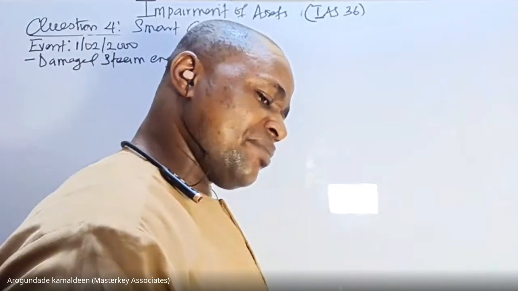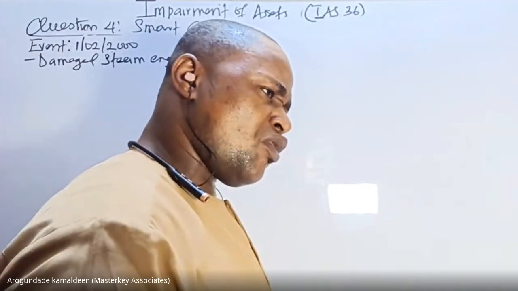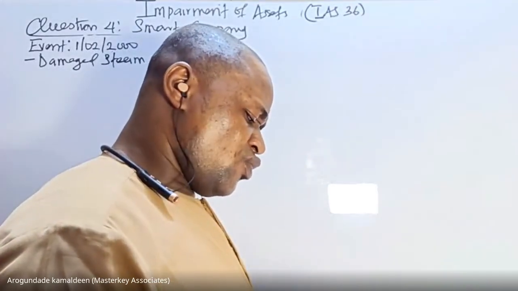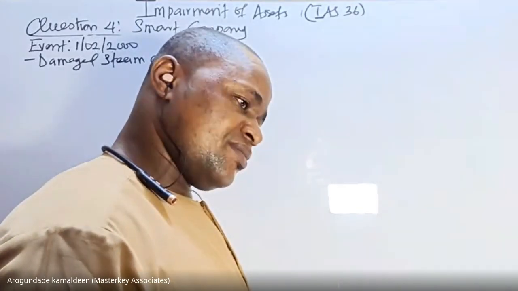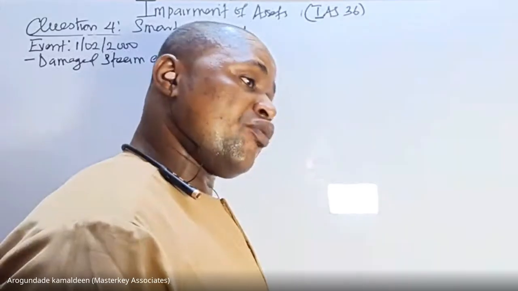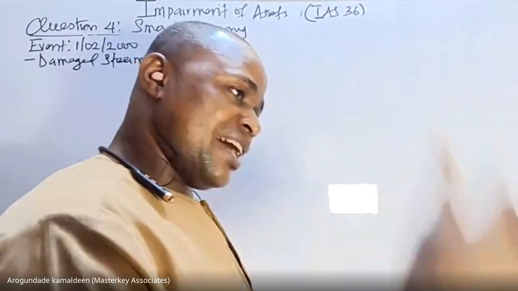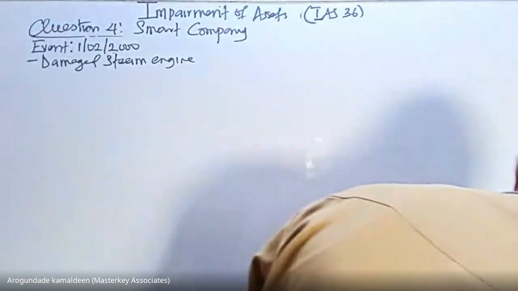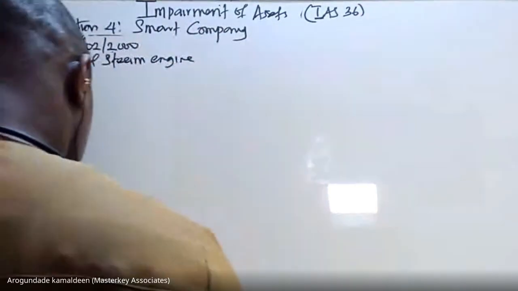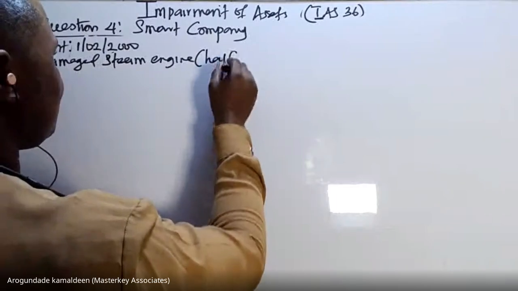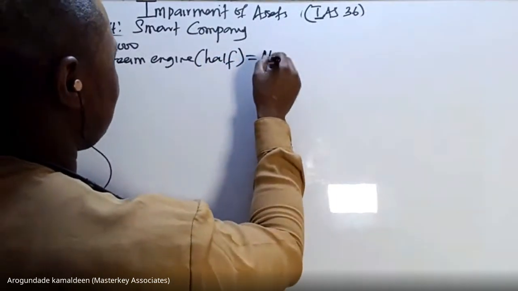How do you determine the value of the damage? The total value there is 1 million for the 2. If 1 is damaged, it means what? The half damage cost 500,000.